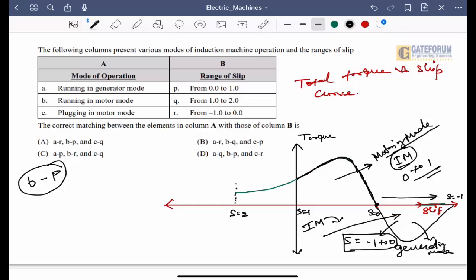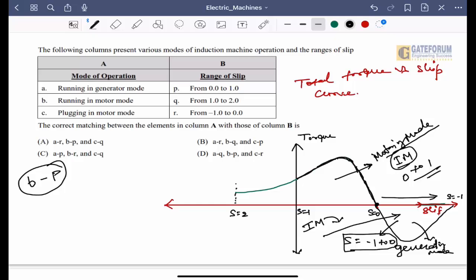And it happens due to the rotor direction. If rotor is moving clockwise and behaving as a motor, then with the same supply, if it moves anti-clockwise, your machine will behave as a generator. So for generator, slip is -1 to 0.